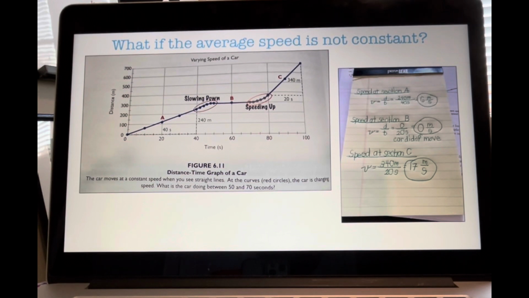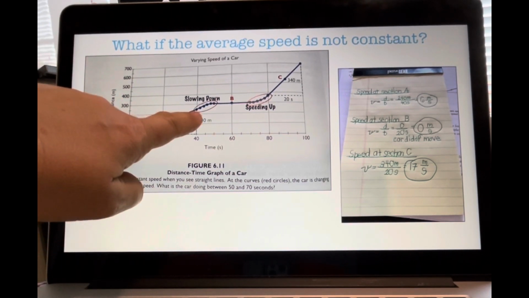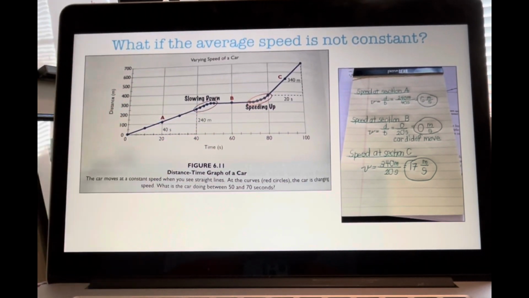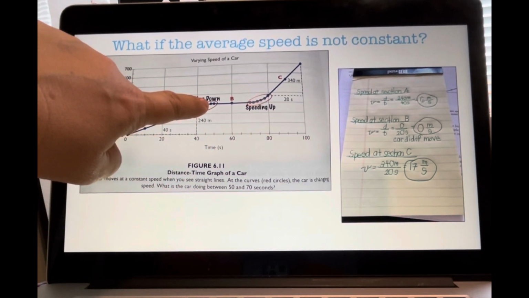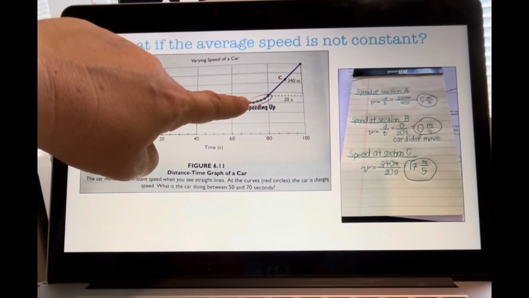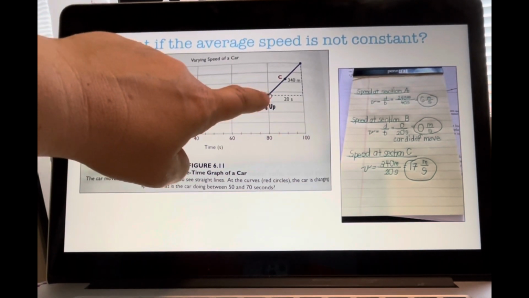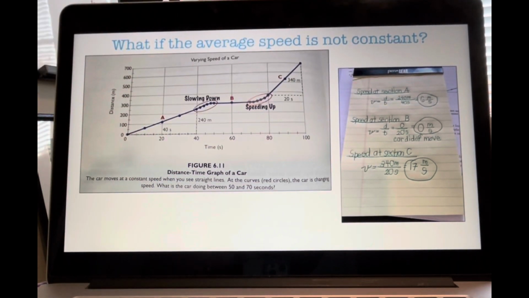The slope shows straight lines from 0 to 40 seconds, from 50 to 70 seconds, and from 80 to 100 seconds. These are the times that the car displays constant average speed.